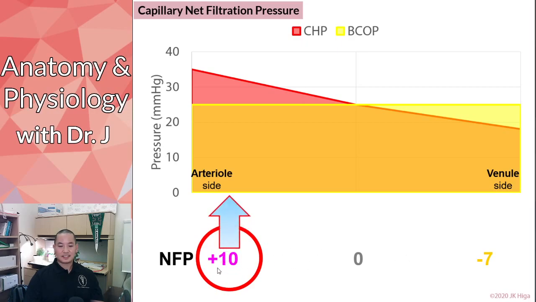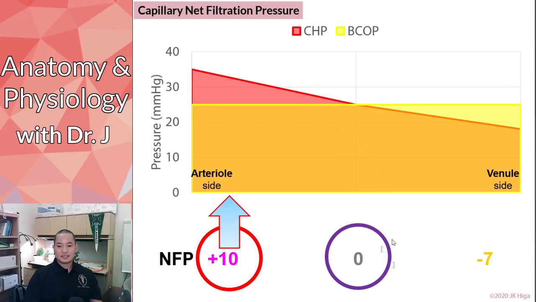This is another way to think of which way net filtration pressure goes. Filtration in terms of the cardiovascular system is movement from the inside of a vessel toward the outside of a vessel, right? So if you have a positive net filtration pressure, it's moving from the inside towards the outside.